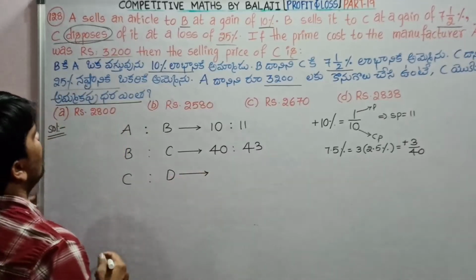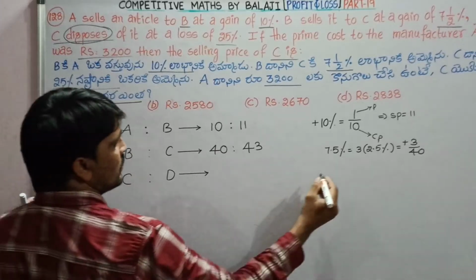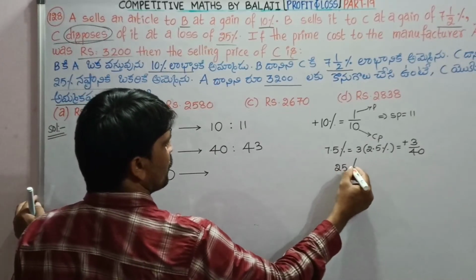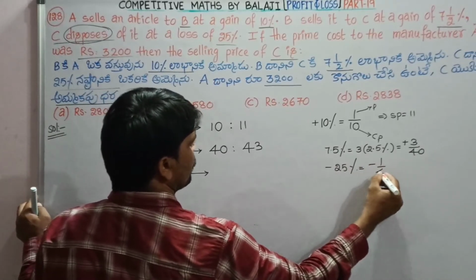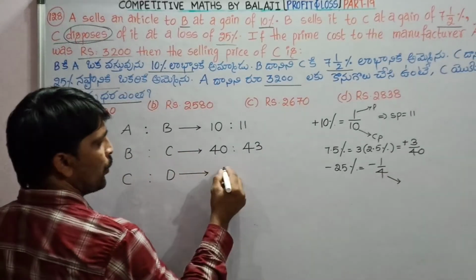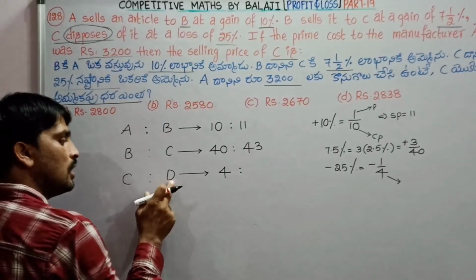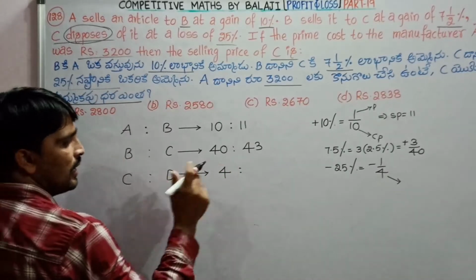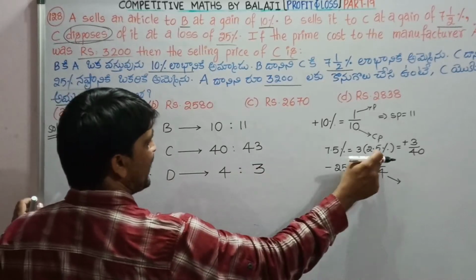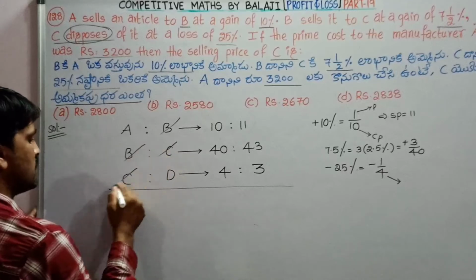Next, C disposes of it at a loss of 25%. 25% fraction value is 1 by 4. That is, cost price for C is 4 units. Then selling price of C or cost price for D is 3 units, 4 minus 1, that is 3 units. So finally C gets cancelled.